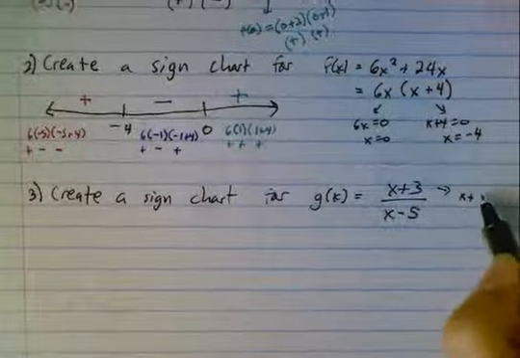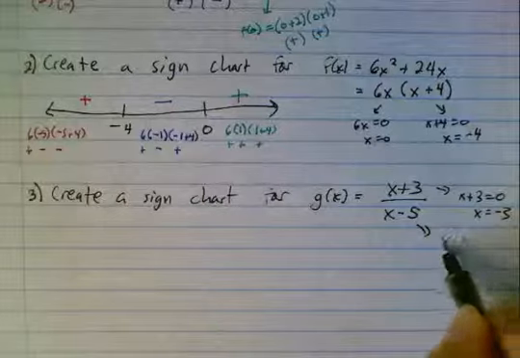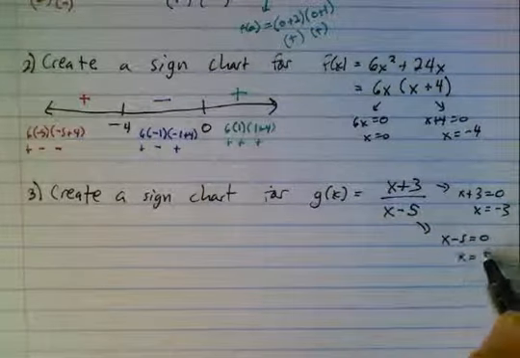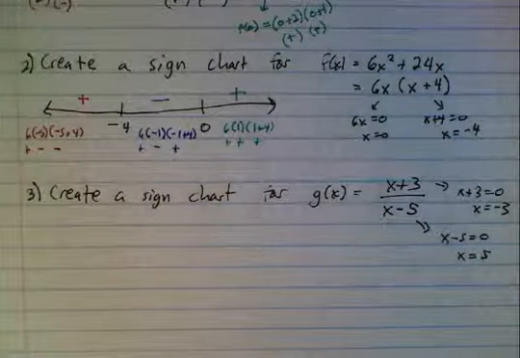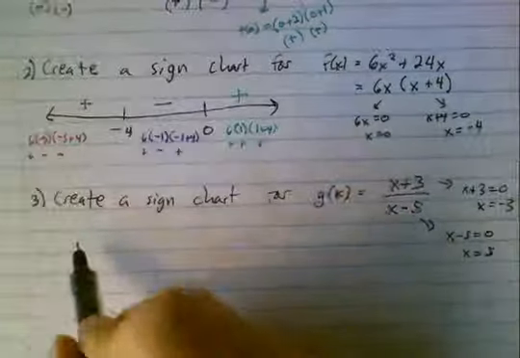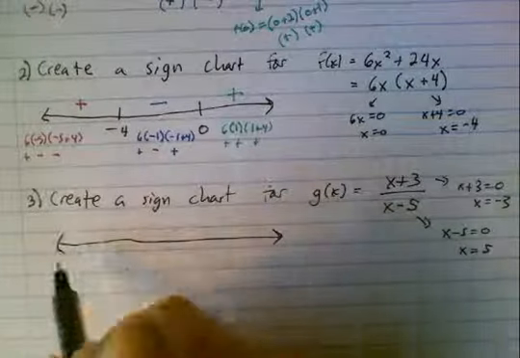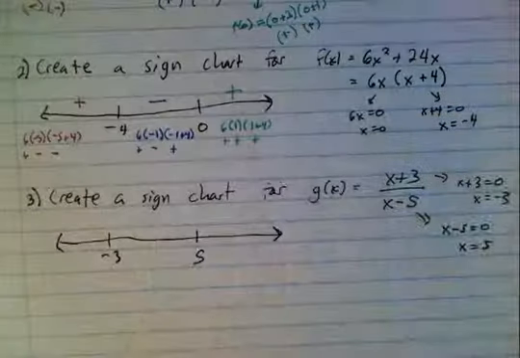So we're interested in x plus 3 equals 0 or x minus 5 equals 0, because where there's an undefined value, it's also possible to have f of x switch from positive to negative. So mark that on our sign chart: negative 3 and 5.